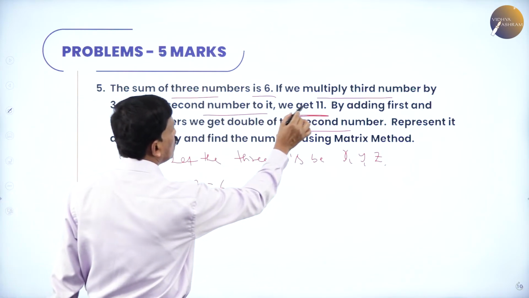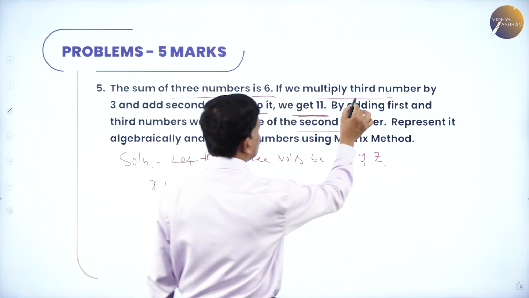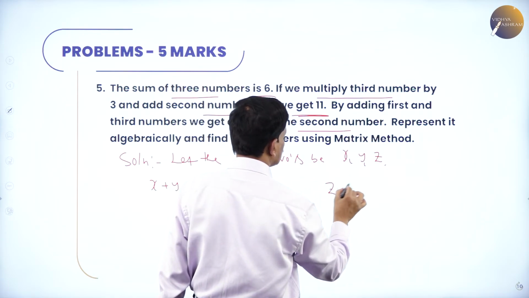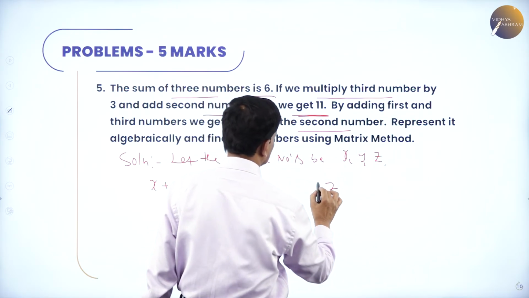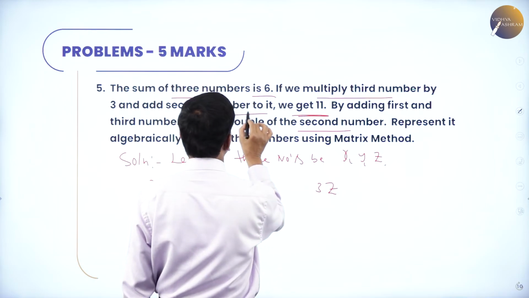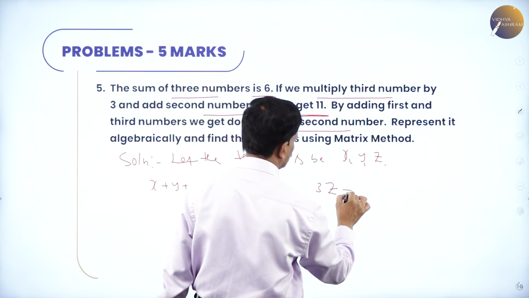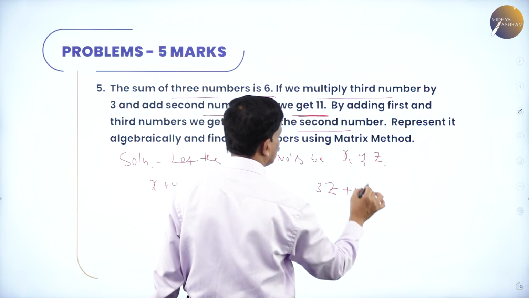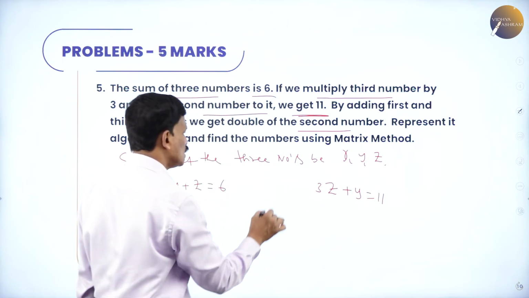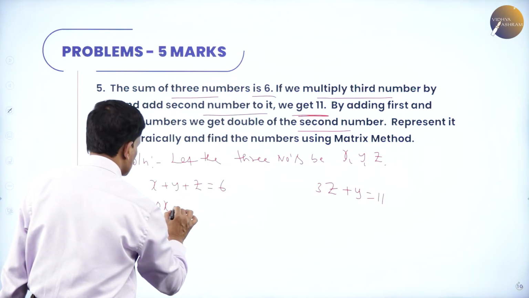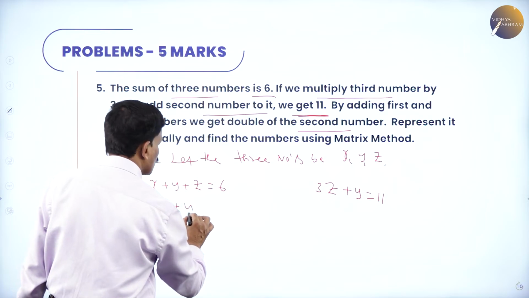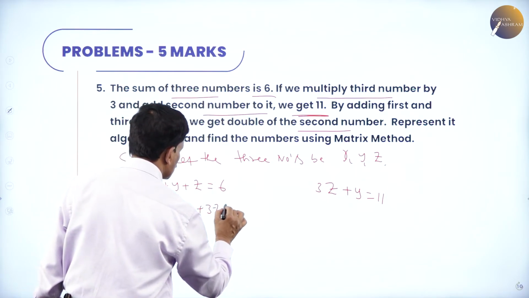And the second: if you multiply the third number by 3, that is 3z, and add the second number to it, y, we get 11. So that means 0x plus y plus 3z is equal to 11.